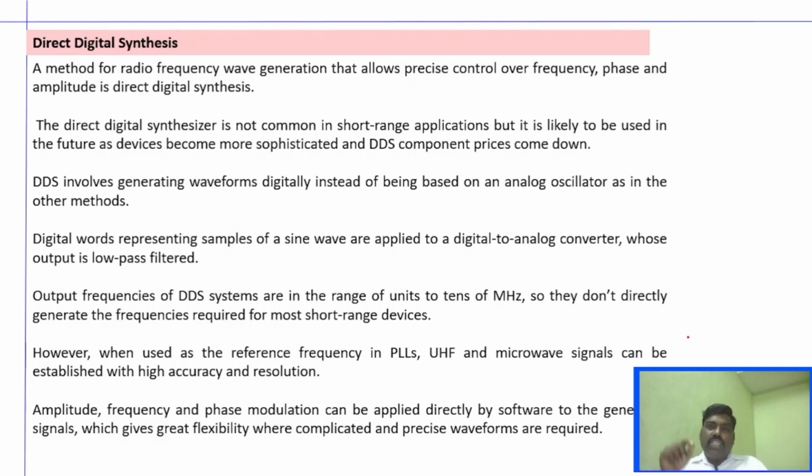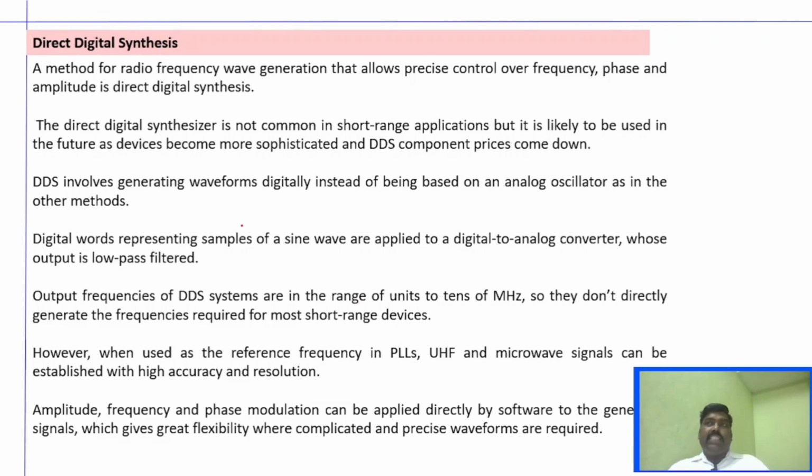That is, by using software, we can determine and achieve the desired amplitude, frequency, and carrier whenever we need complicated waveforms. It is a digital device which can be controlled by software, so that we can generate the RF signal based upon the requirement. Precise control of frequency, phase, and amplitude can be achieved.